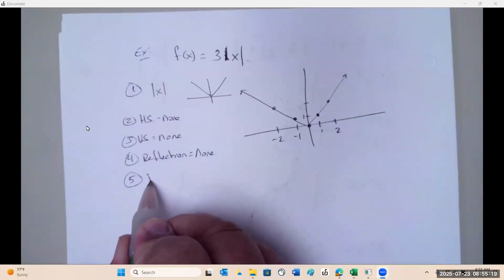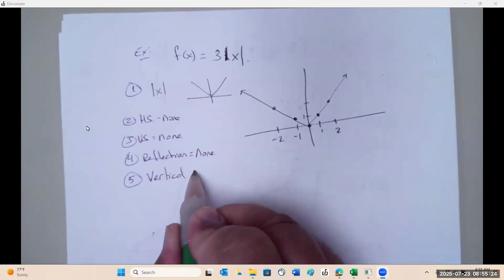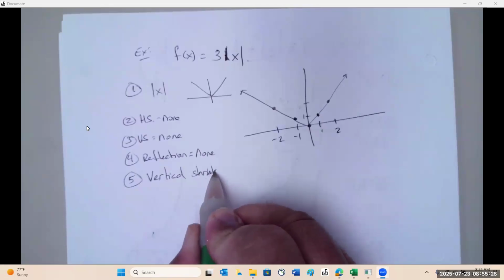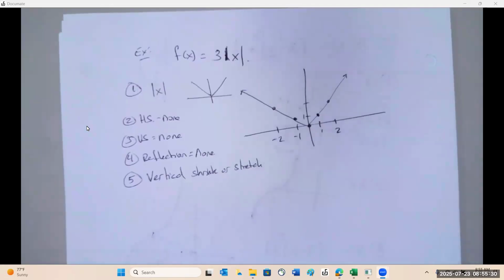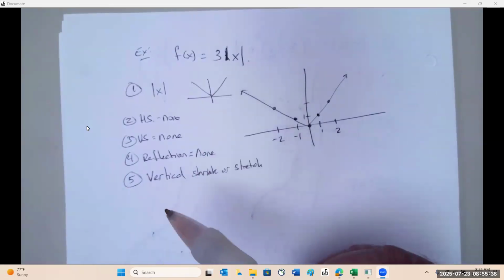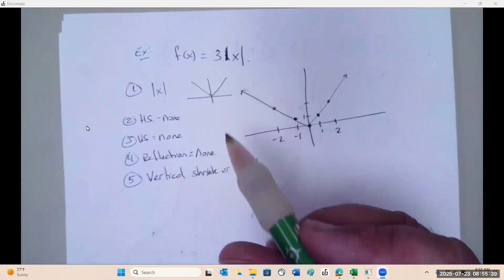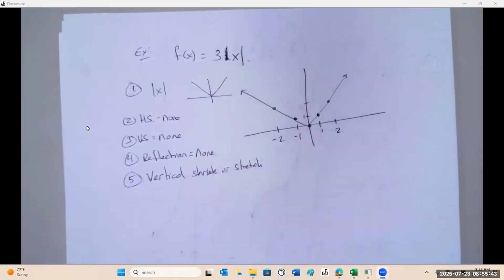Now, is there a vertical shrink or stretch? Yes, because the 3 is outside the function. Is it going to be a shrink or a stretch? In other words, will it get shorter or will it get longer and skinnier?